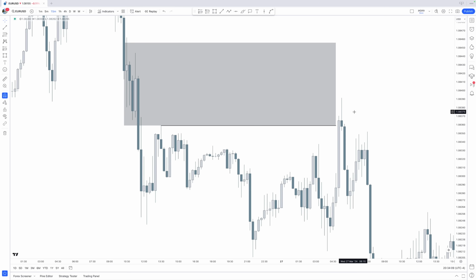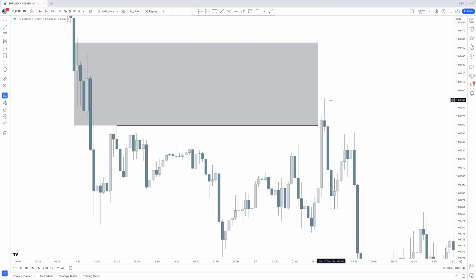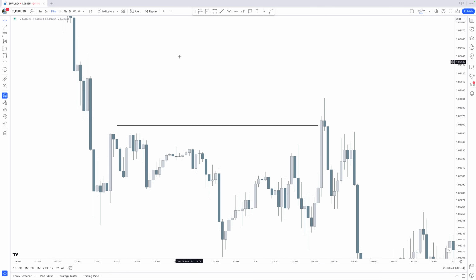The way I like to confirm my PD arrays is if it's a 4-hour PD array, I look at either a 15-minute sharp turn or I look at 5-minute 2 legs lower. So what is the 15-minute sharp turn? Well, if we struggle with confirming that 4-hour fair value gap right there, we can also look at it through this lens.